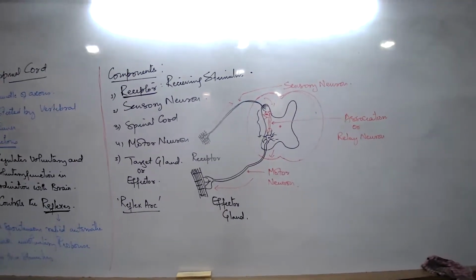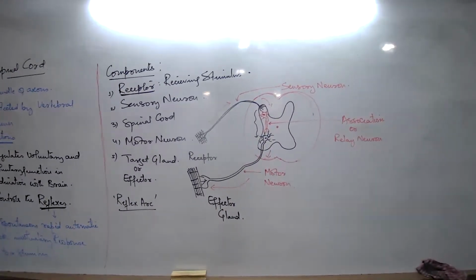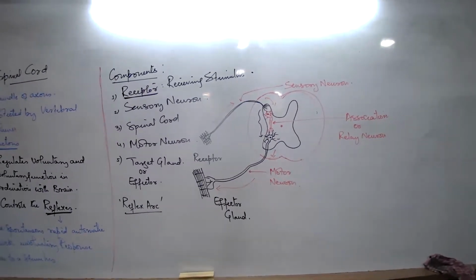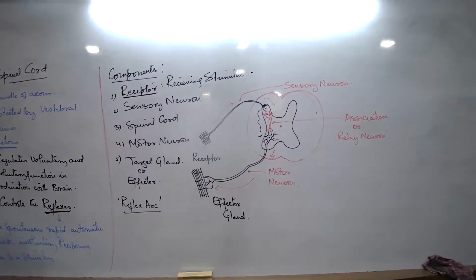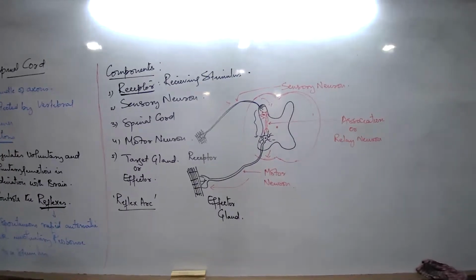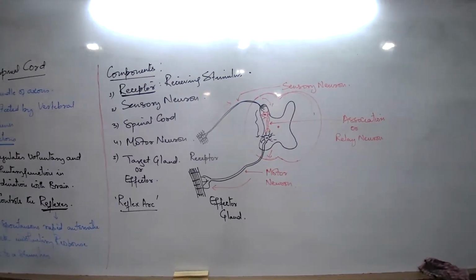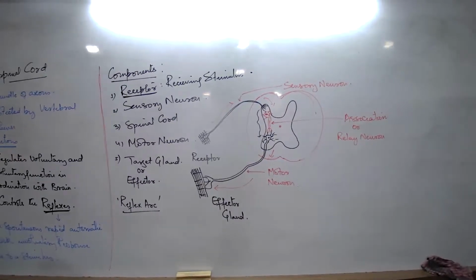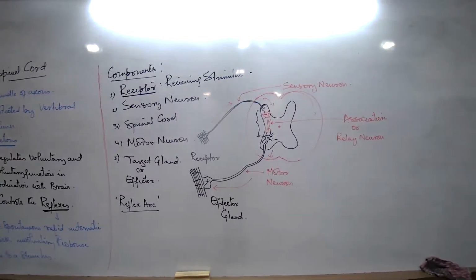You are touching something very hot, and in that situation, if the spinal cord does not immediately give the commands to your hand muscles, you remain there touching that hot pot for another 5-6 seconds or a couple of minutes. In that process, the fingertips, the skin may burn.